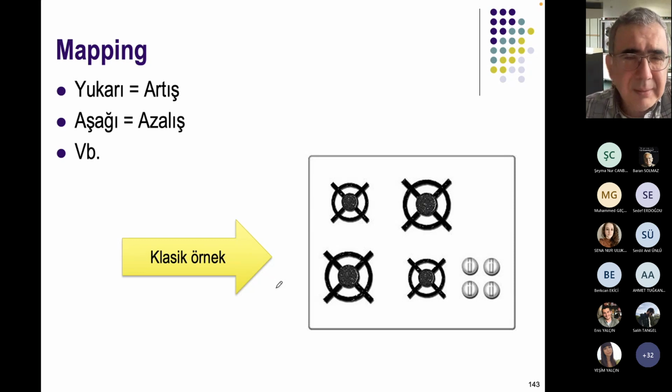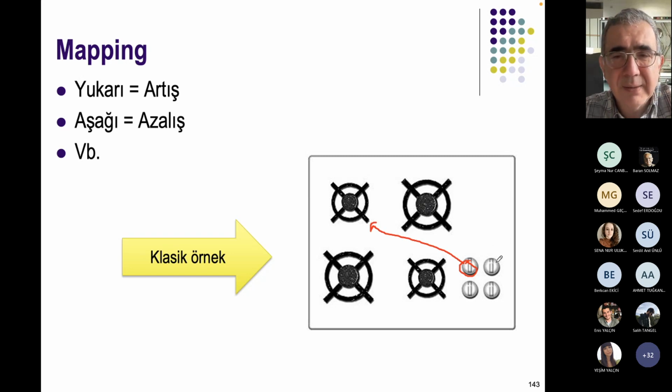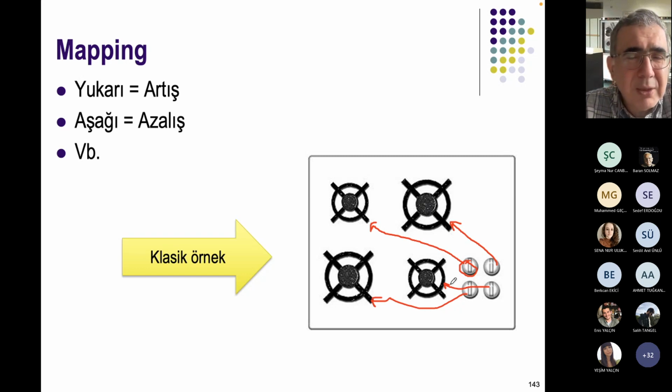Mapping, on the other hand, is when the appearance of the control is in accordance with its use, its effect. So now it is very easy to understand which one is controlling which one because of their locations.